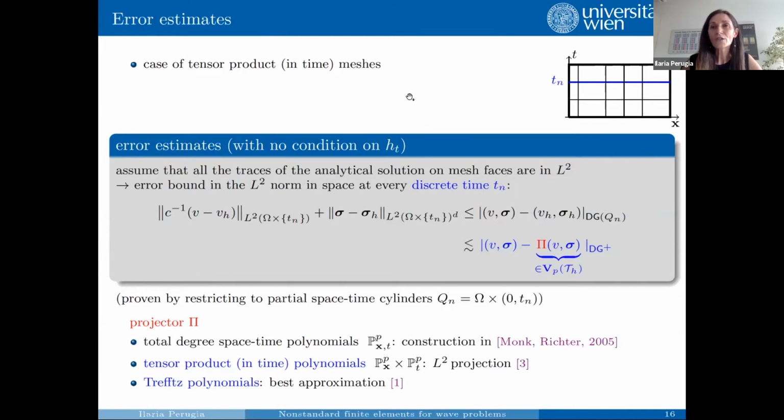So we have unconditional well-posedness and unconditional error estimates, where the error is bounded by the projection error of the solution into the discrete space. This is valid with no condition linking h_t and h_x. So you can take thin and high elements, and this still holds. Of course, the approximation is not very accurate, but we still have this a priori estimate.